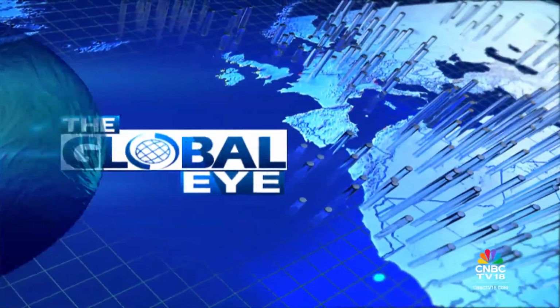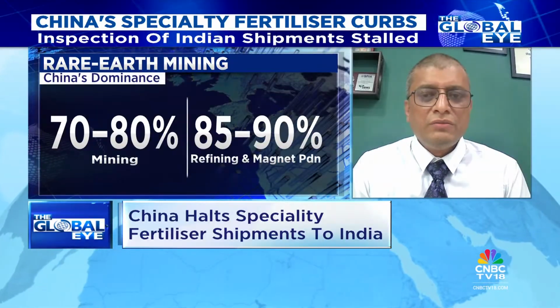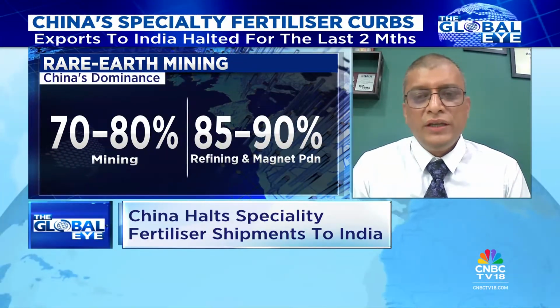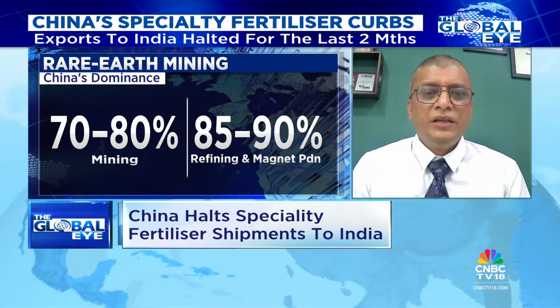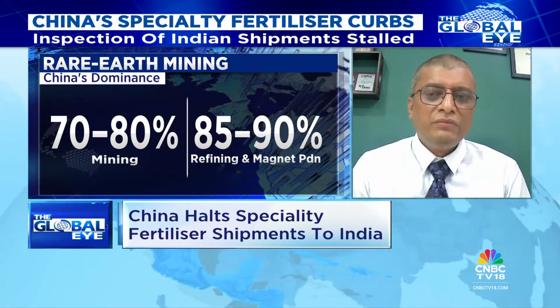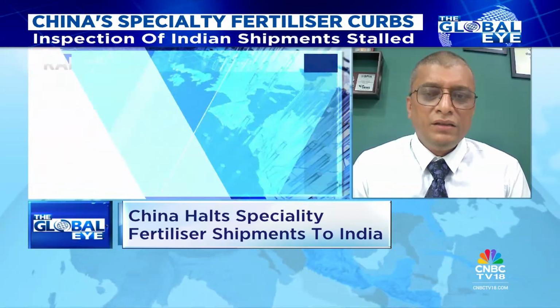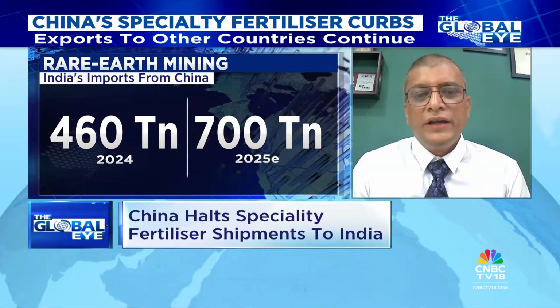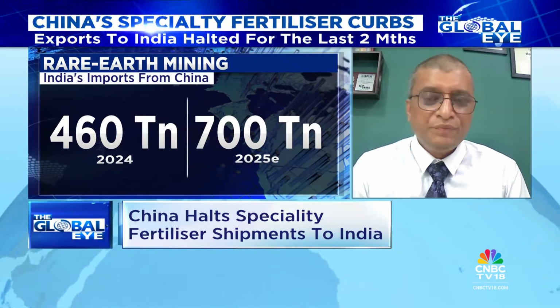Earlier, there was delay for all nations, but this time, some consignments are going to other nations, but not to India. They have not issued any written explanation for this, but we understand that this CIQ arrangement, which is the inspection arrangement in China, is not getting approval from the Chinese authorities.